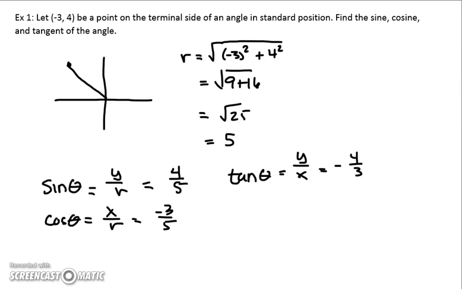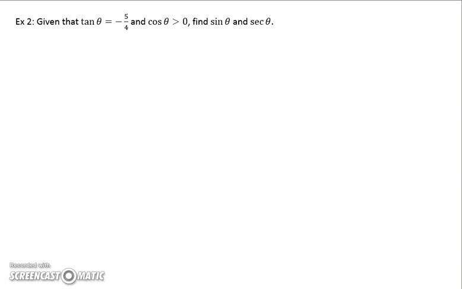So the next example looks like this. Given that tangent of theta equals negative 5/4 and cosine is greater than 0, find sine and secant. The first thing we need to think about is, where is this thing located? What's going to be positive? What's going to be negative? Because we know tangent's negative 5/4, but we don't know if the x or the y value is positive until we think about this right here.